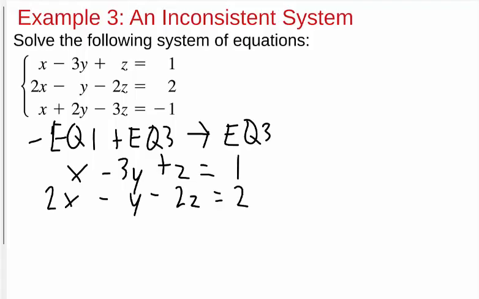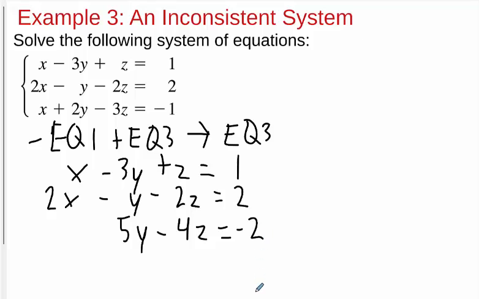And if we do that, negative x and x cancel. 3y and 2y is 5y. And so negative z and negative 3z is negative 4z. Negative 1 and negative 1 is negative 2. So that's our second set of equations.